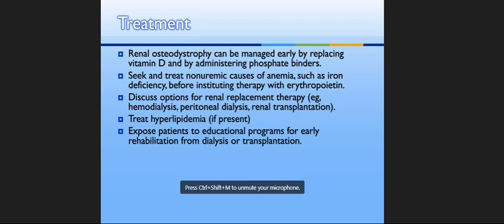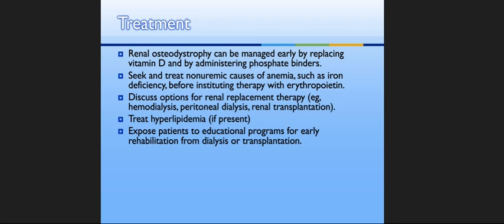We have to discuss the options for kidney replacement therapy, which is dialysis, meaning hemo or peritoneal, or renal transplant, which is the best. If there is hyperlipidemia, we have to treat it. Previously, they were saying no need to treat hyperlipidemia because it is a consequence of the nephrotic syndrome.